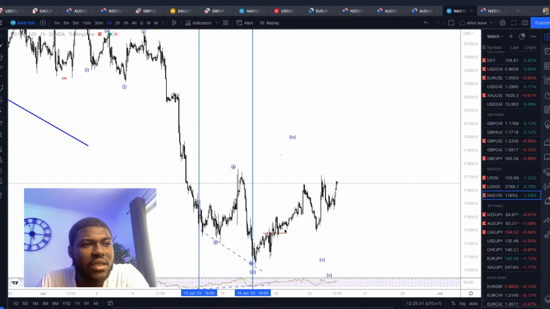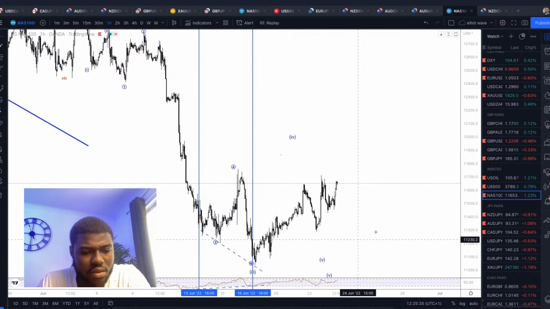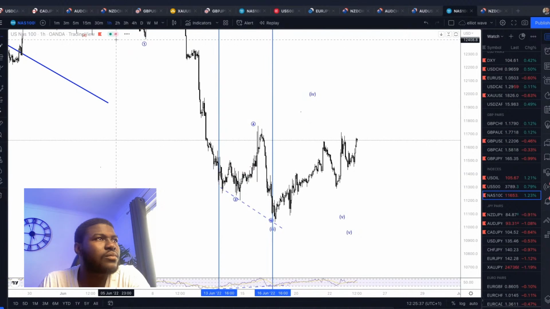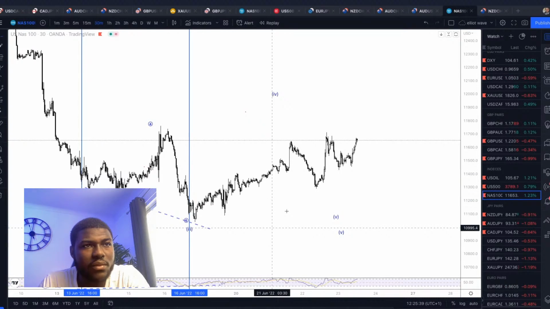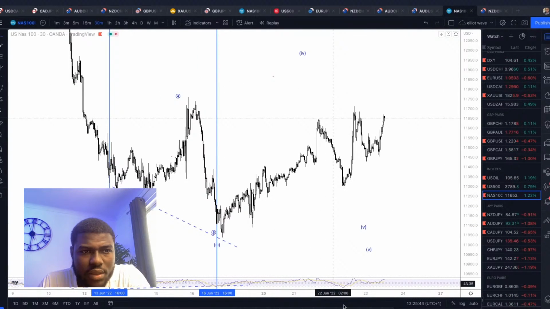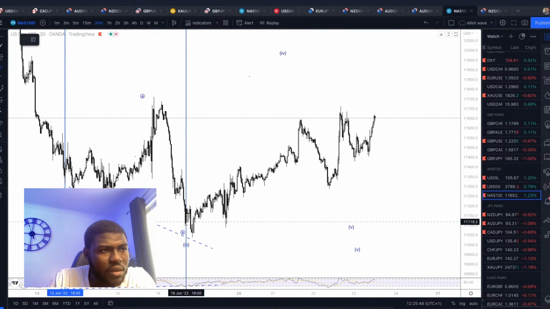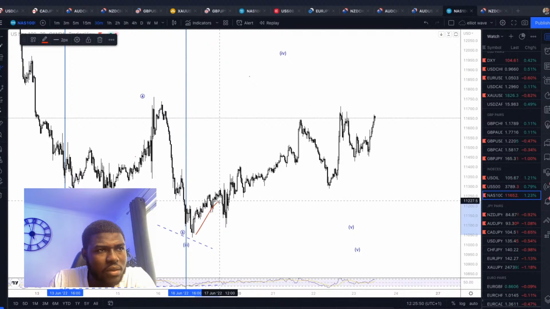So let's check if there's an opportunity on Nasdaq. 30-minute time frame. Let me see what's happening. So what is happening here is that it's obvious that we have an impulse move to the upside, correction to the downside. Then we have an impulse to the upside, correction.